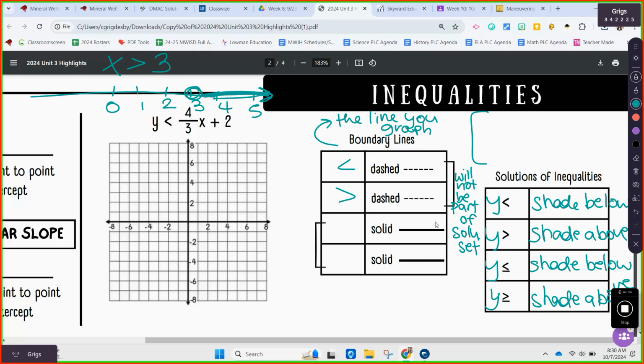What do you think it is if my line is solid? Greater than or equal to. And if it's plotted on a solid line, that point is part of the solution set.